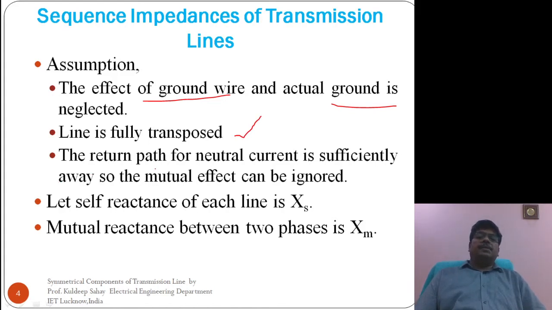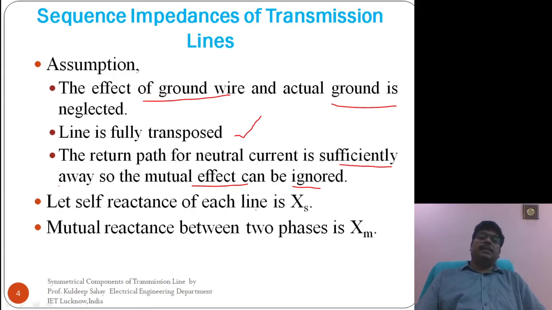And third one is, the return path for neutral current is sufficiently far away so that mutual effect can be ignored for this return path.